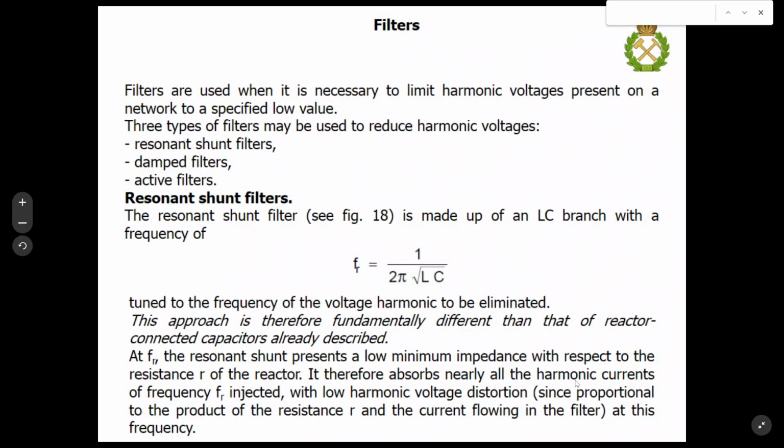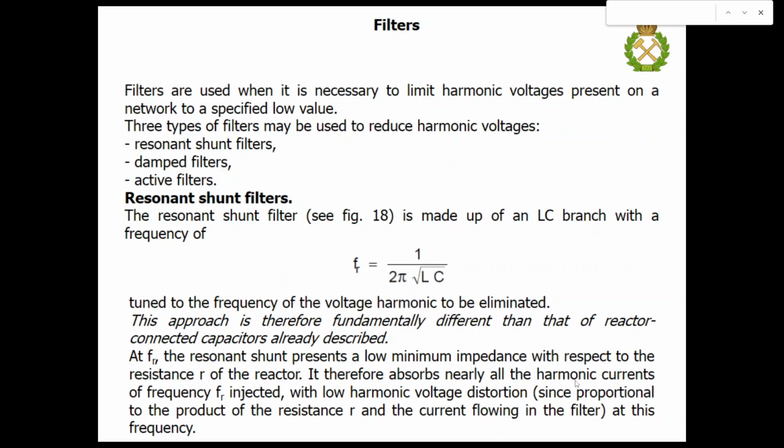And also one of the main types of filter devices intended to eliminate harmonics are resonant shunt filters. Here you may see the main equation to calculate the resonance frequency of such a filter. Such resonant shunt filters are widespread in our power supply systems.